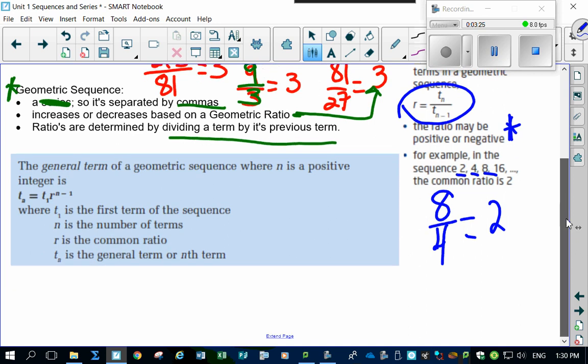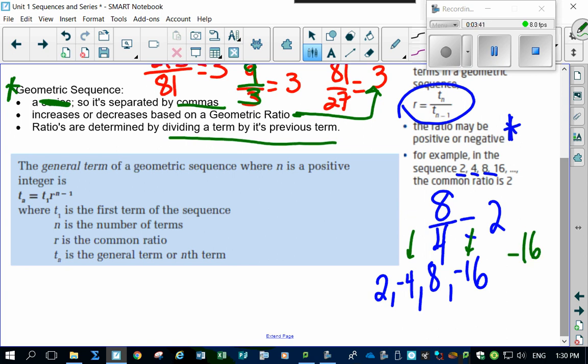But what if I gave you a sequence that looked like this? 2, negative 4, 8, negative 16. Look what happens to the ratio. We have alternating positive and negative numbers. Isn't that interesting? So take a number, there's negative 16, divided by the previous number, 8. That turns out to be a common ratio of negative 2. So your ratios can either be positive or negative.